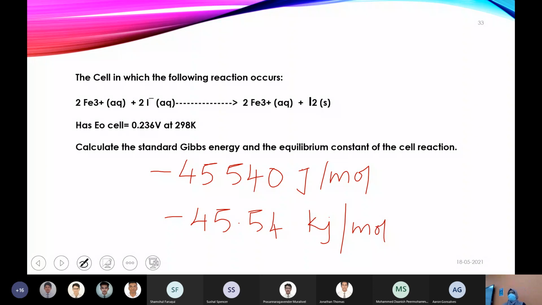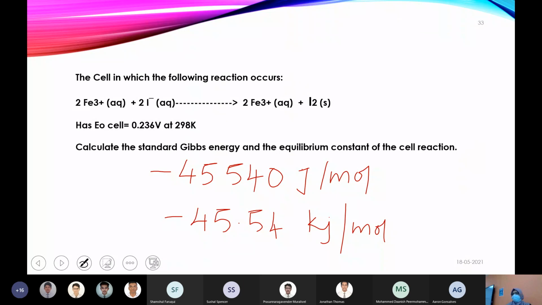Now you have to calculate the equilibrium constant. What is the equation? Log Kc, where Kc is in terms of concentration, right? When you convert joule to kilojoule, you have to divide it by 1000.